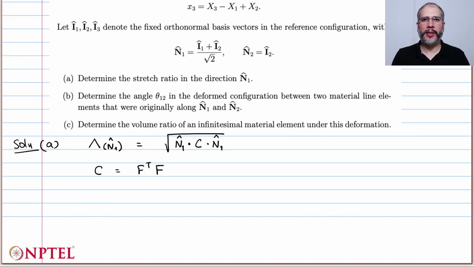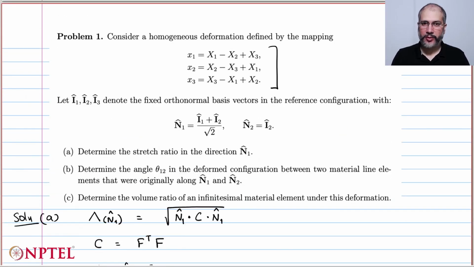In general, in finite deformations, we usually go for the Green's deformation tensor to get the stretches as well as the angle changes. So to find C, we need the deformation gradient tensor F, which is defined as xi comma a.